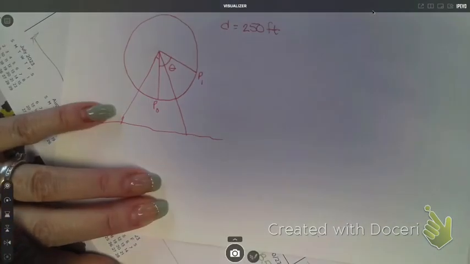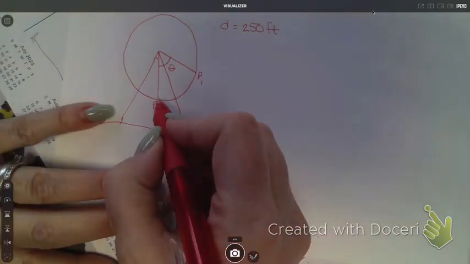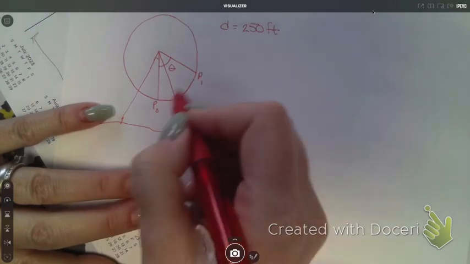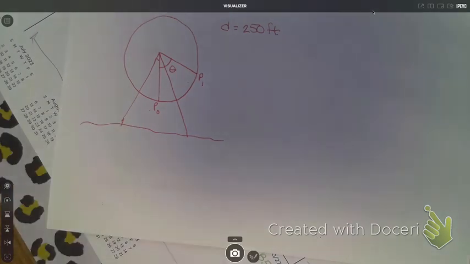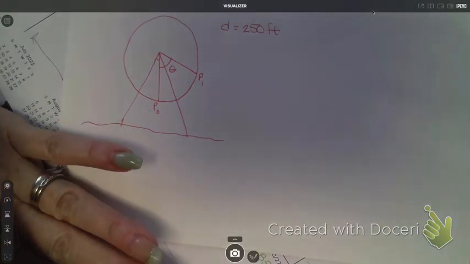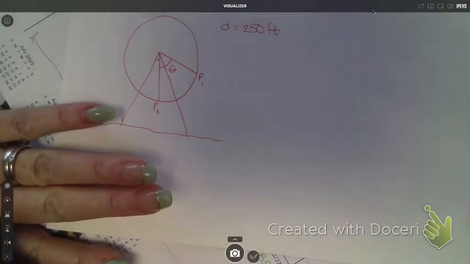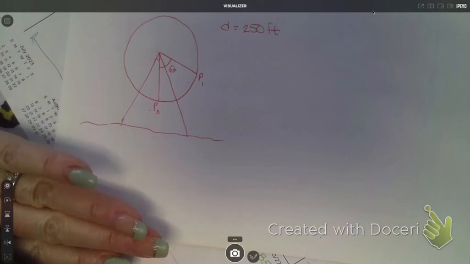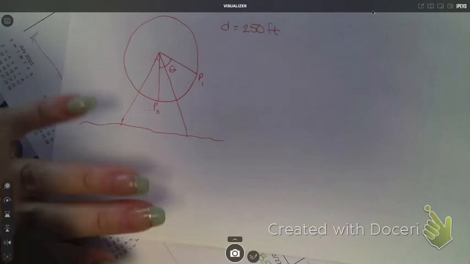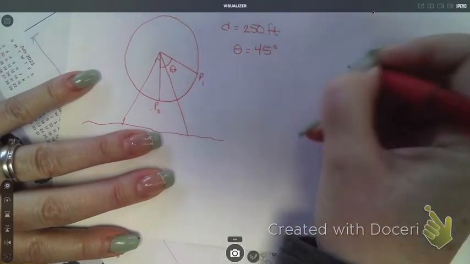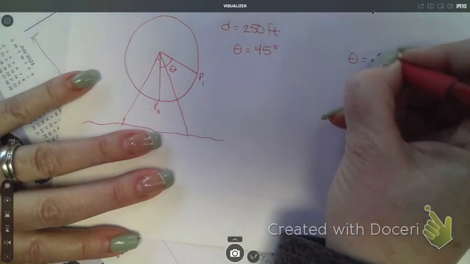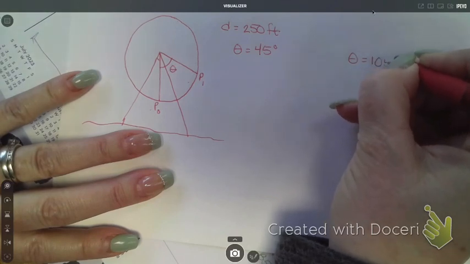And theta is the central angle formed by the rider who travels from P0 to P1, or P1 to P2, or P6 to P8, or whatever, right? Doesn't matter. Find the distance traveled by the rider if theta equals 45 degrees and theta equals 105 degrees.